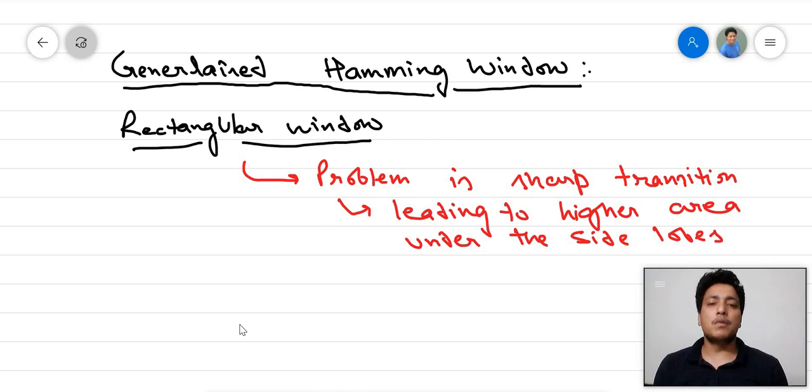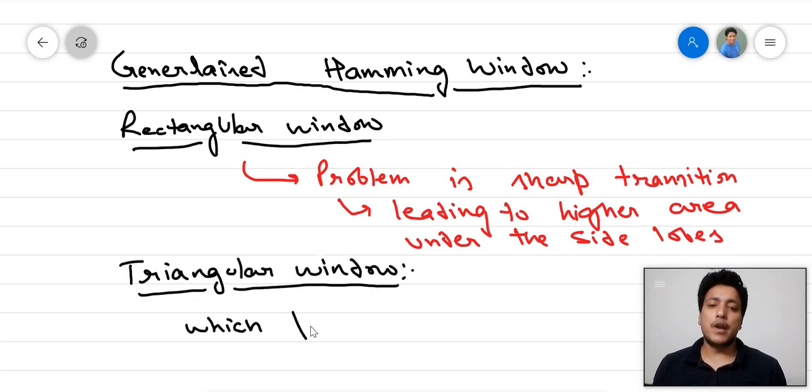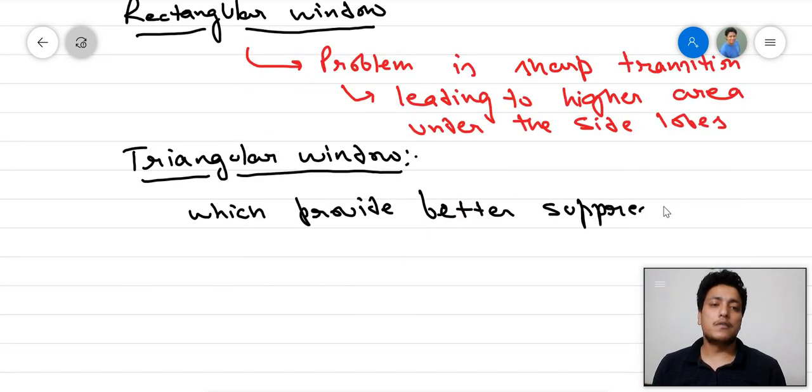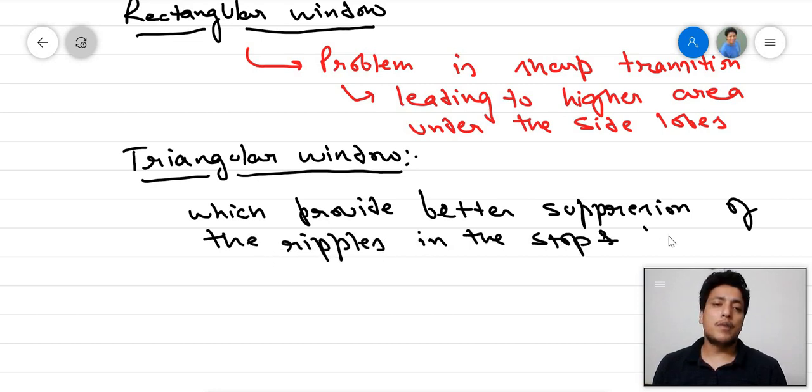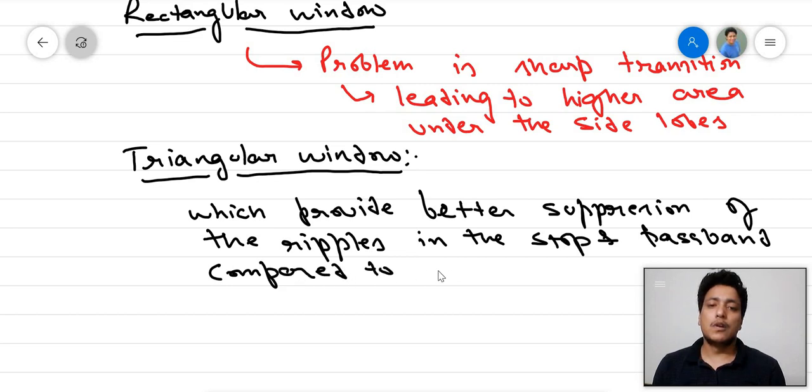To remove this particular problem, what we used in the previous case is the triangular window, which provides better suppression of the ripples in the stop and pass band compared to the rectangular window.